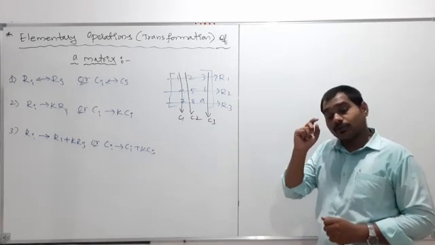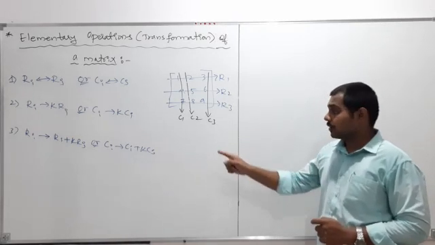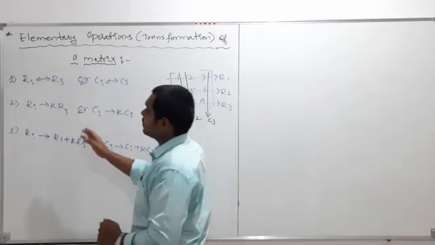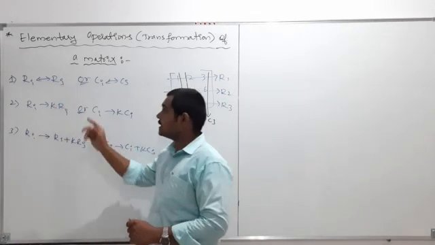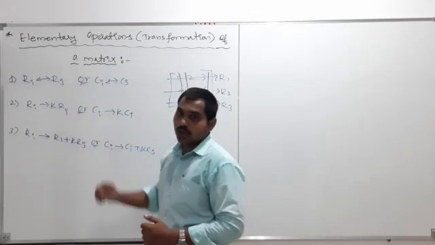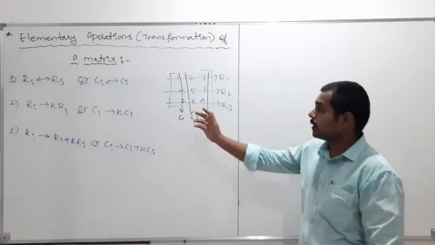That should not be equal to 0. Non-zero number you can multiply. So these are the operations. So in total, my dear students, you can count it as 6 rules or 6 operations, 3 for the rows and 3 for the columns. Clear? I hope you understood.